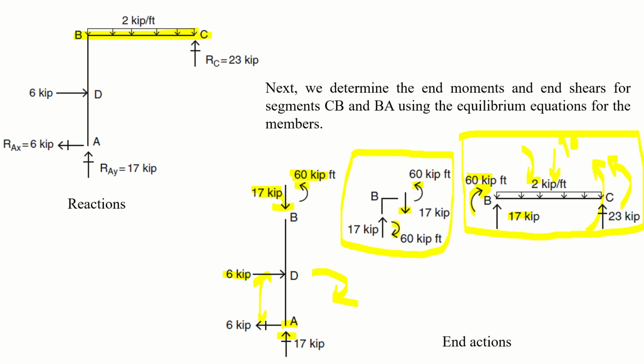So at this point there will be zero bending moment because this 6 into 10 will cancel out this 60, the uniform bending moment. So there will be no bending moment at the hinge support. Compare these reactions: 6 kip and 17 kips are equal to the global equilibrium equation values. It satisfies the values.